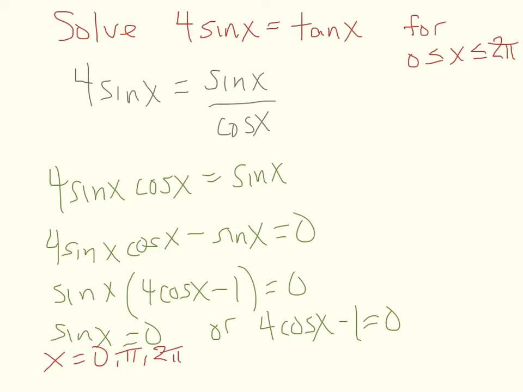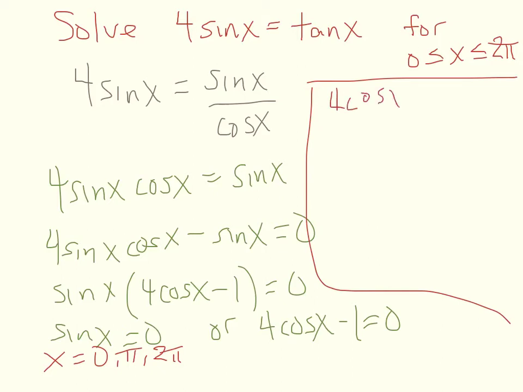So we get 3 solutions from that part. Now, the second one, 4 cosine x minus 1, let's come up over here and work. So 4 cosine x equals 1. Divide by 4. Cosine of x is 1/4.